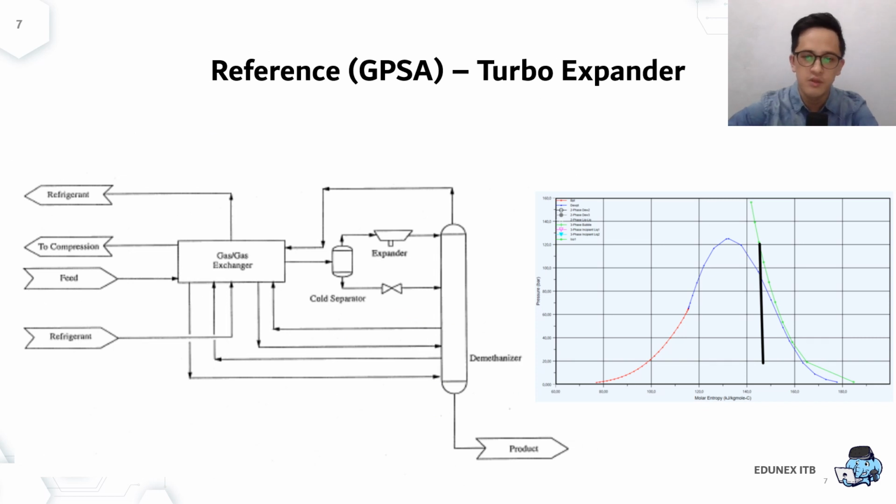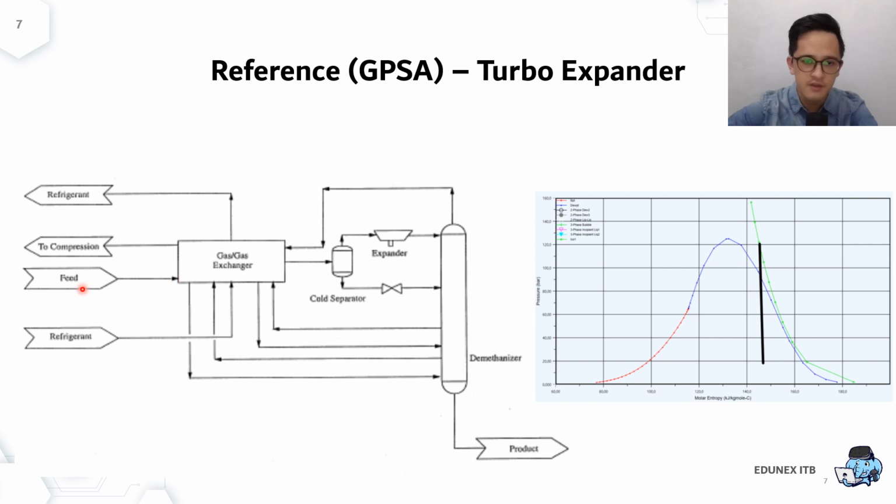The third option would be to use the turbo expander configuration. In this case, a turbo expander is an isentropic expansion. That means during the expansion process, the pressure decreases, but the entropy remains constant. You can see the configuration in the left chart of the figure.